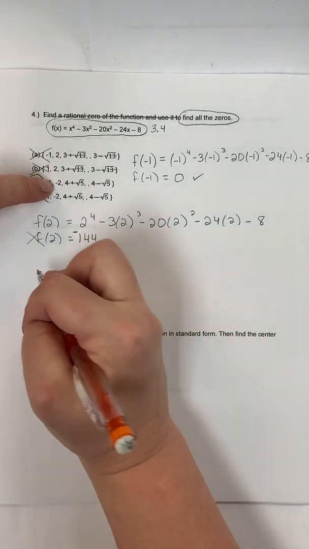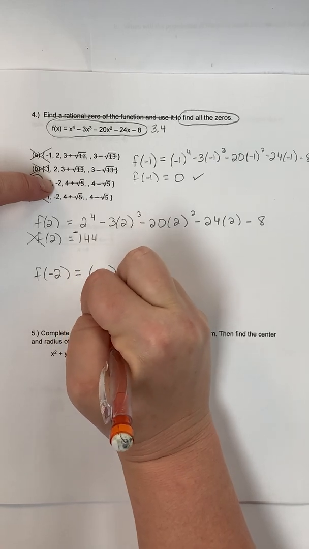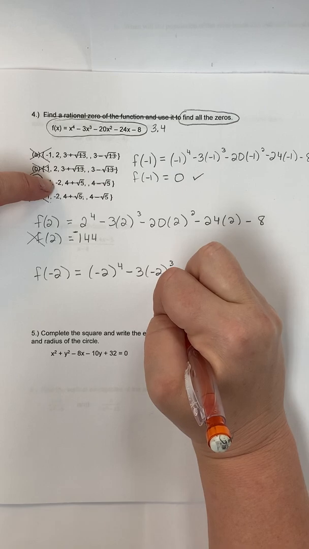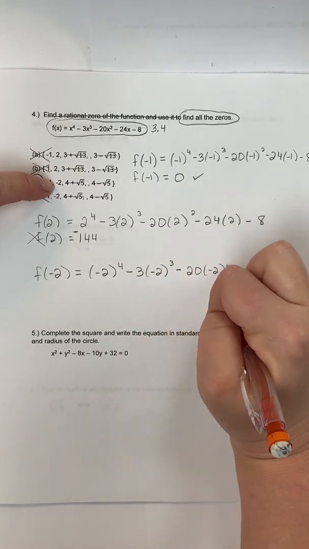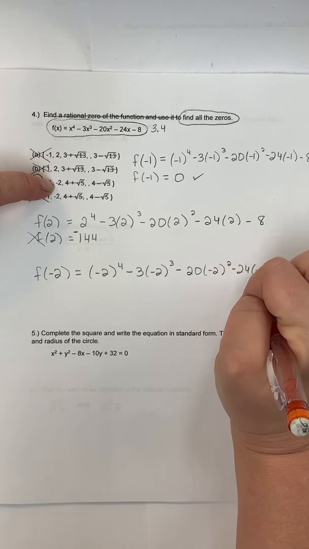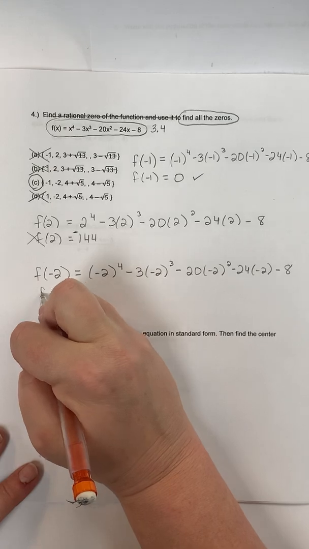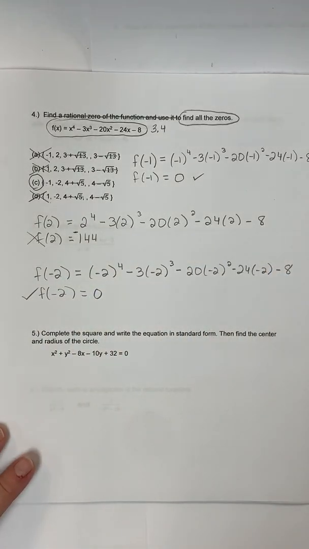But let's just make sure that negative 2 is in fact one of our zeros. So I'm going to go through the whole thing again. I'm going to put in a negative 2 this time. When I do that, guess what I come up with? 0. It is a 0.